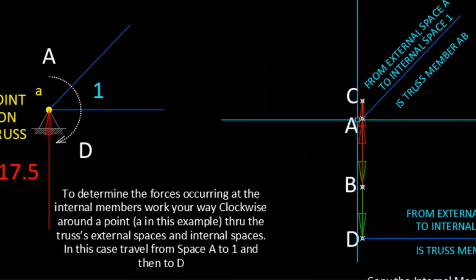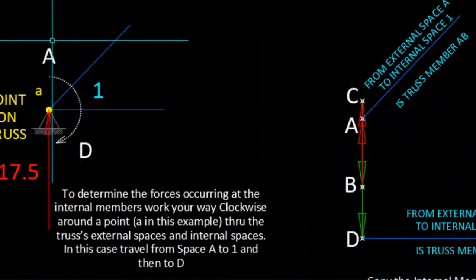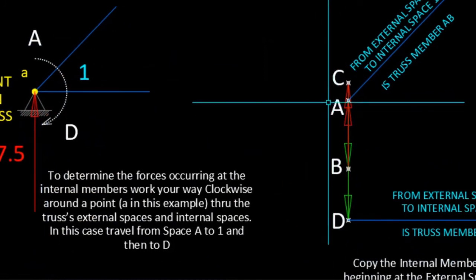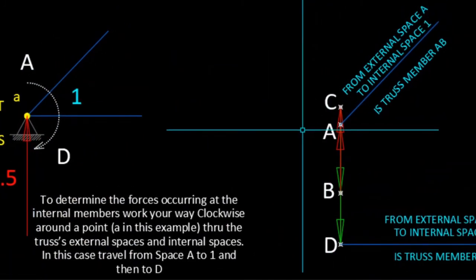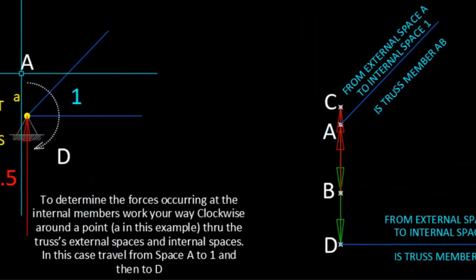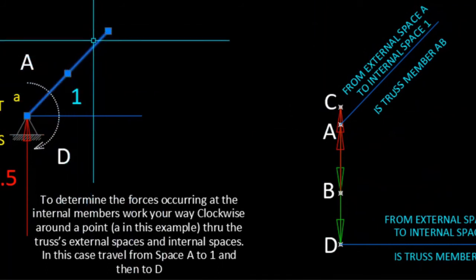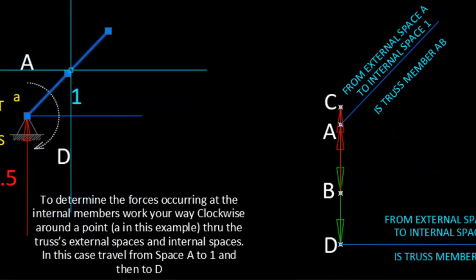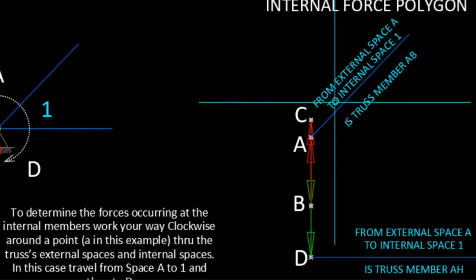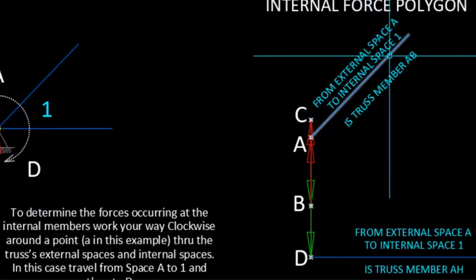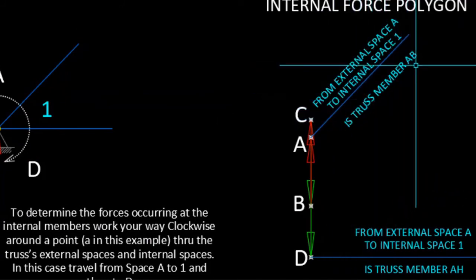Once again, at point A, because we're at space A, we're going to travel to point 1. So right now we don't know where it is. All we know is that between space A and space 1, we have this member direction. So we copy that over.